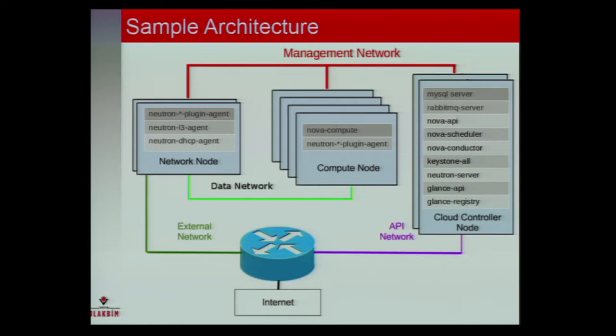On the compute node, there is a Nova compute service and the Neutron plugin agent, whatever plugin you are using. And on the network node, you run the layer 3 agent of Neutron and the DHCP agent for releasing IPs, and the plugin agent of Neutron.